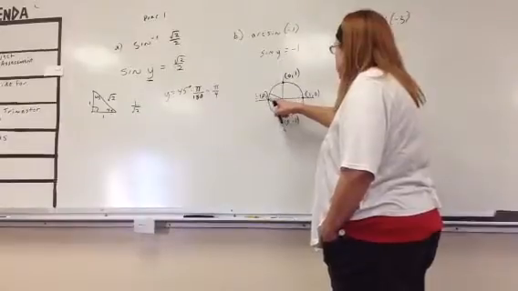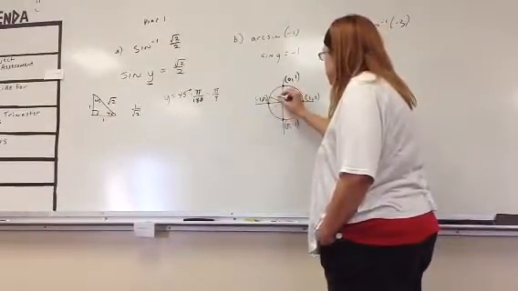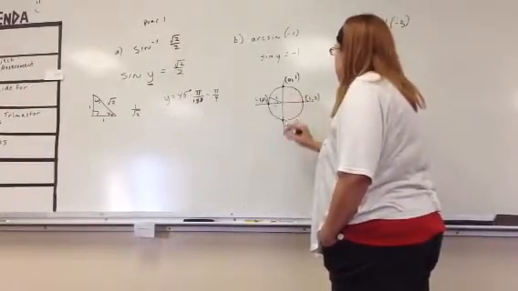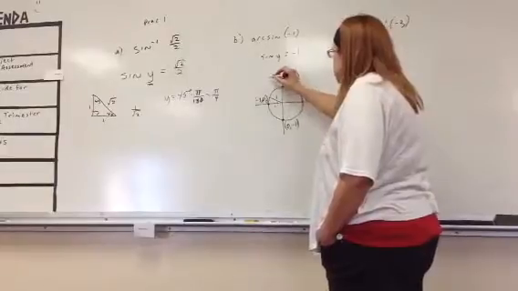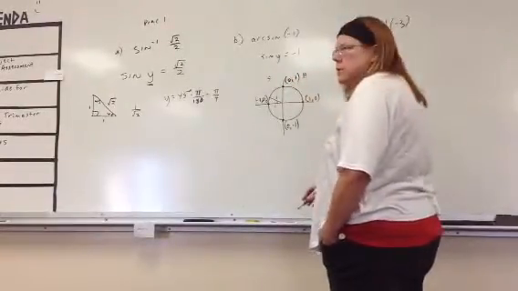And the sine is the opposite over the hypotenuse, which if this is 0, my hypotenuse is 1. And this, however, is a positive, right?